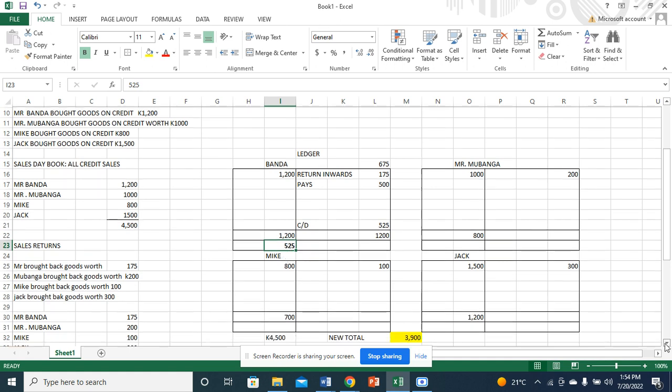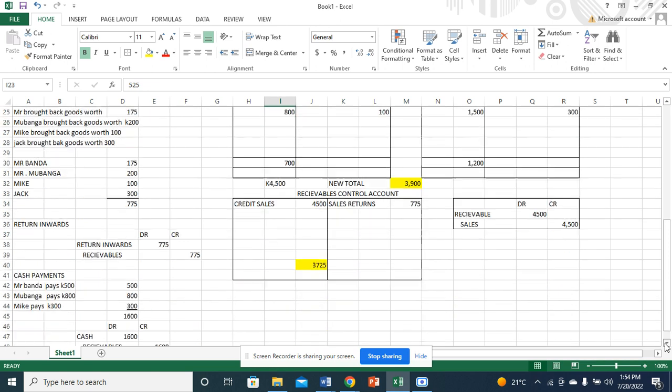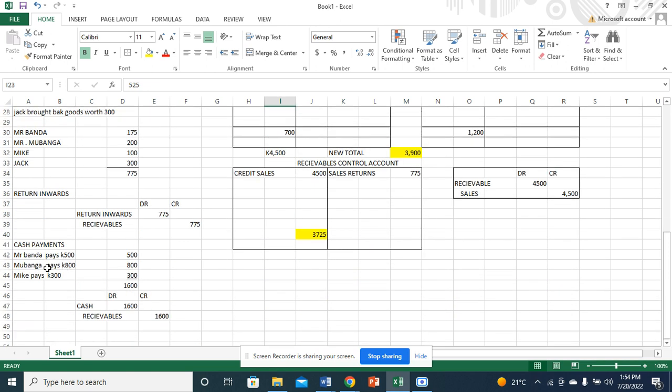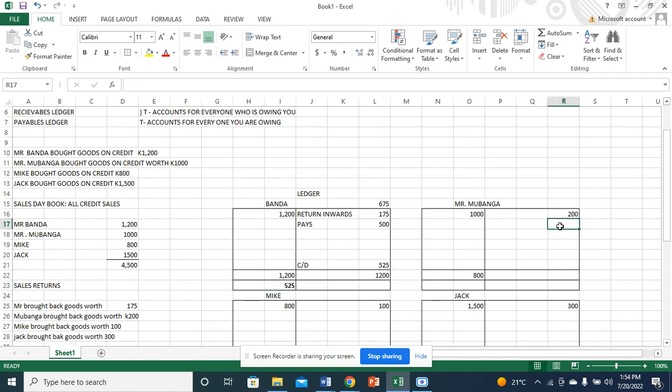Mr. Mubanga also. He pays 800. Find how much is owing.